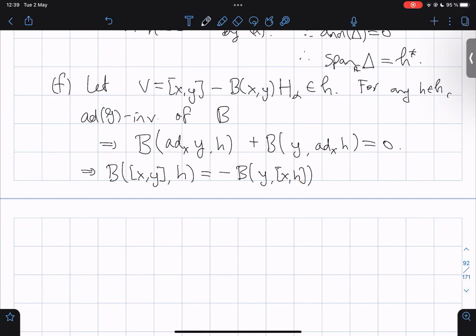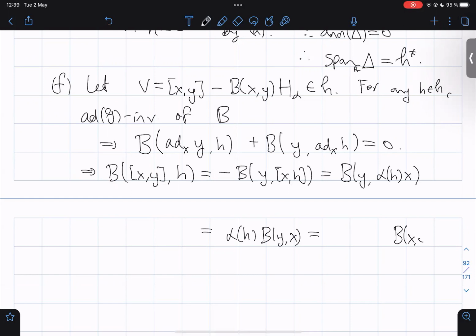It acts on it via an eigenvalue, namely alpha of H. I'm going to pull this number out. B(Y, X) is the same thing as B(X, Y). This alpha of H is a functional evaluated on H.